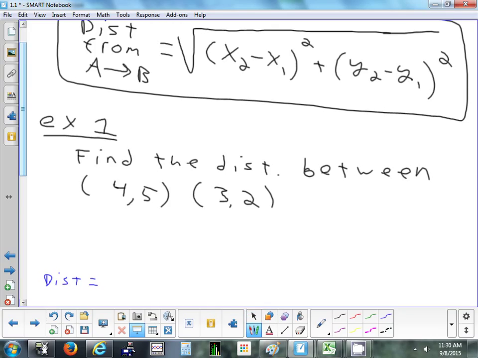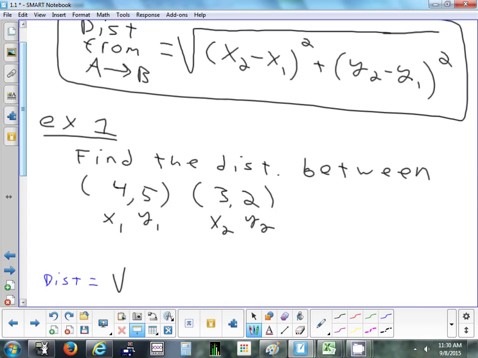So John, what is 4 in this case? X1. Sure, could be x1. And that would make 5 what? Y1. Okay, and Jake, what about 3? X2. And the 2? Y2. Now we just have to fill those 4 numbers into the formula.